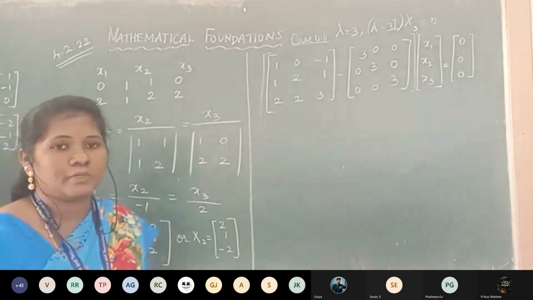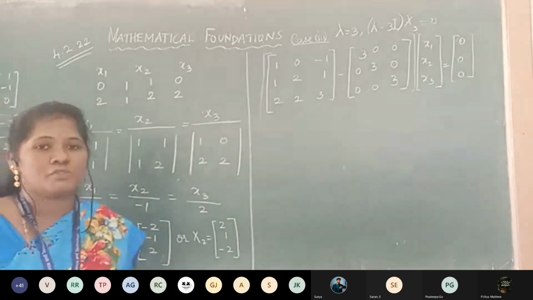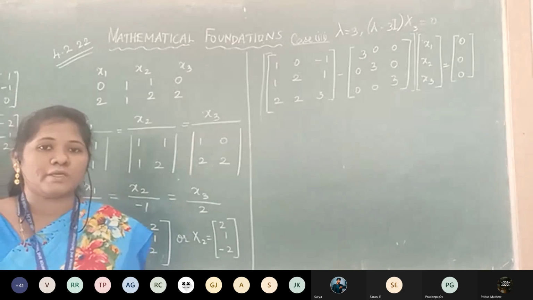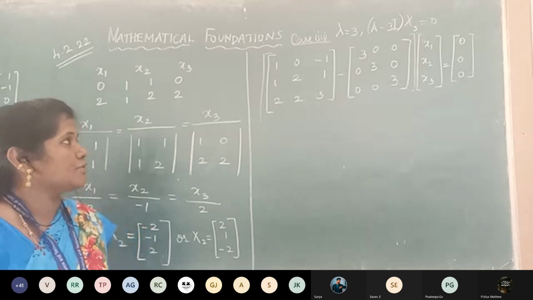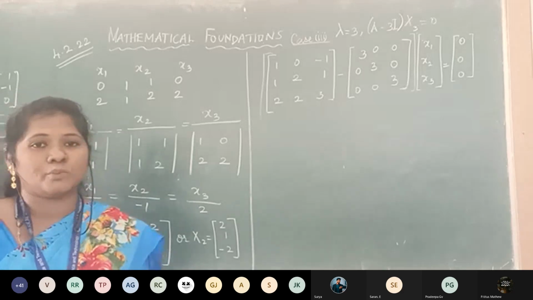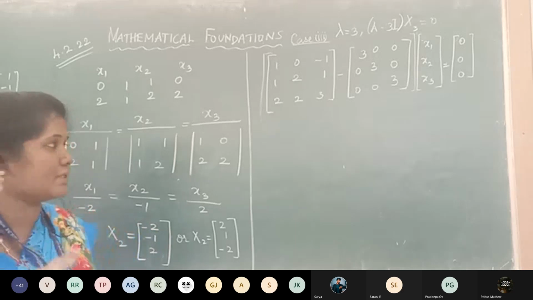You'll find out for case 3, which is lambda is equal to 3, because your eigenvalues were 1, 2, 3. Now we have found out your eigenvectors for x1, x2. Now we will find out for x3. So for your x3, we take your lambda to be 3.